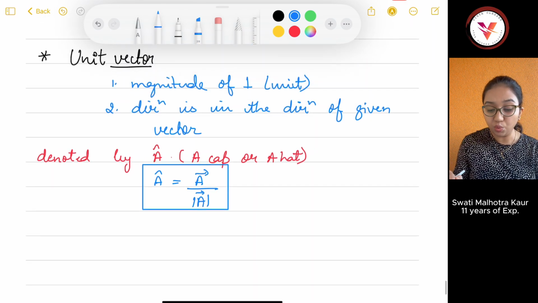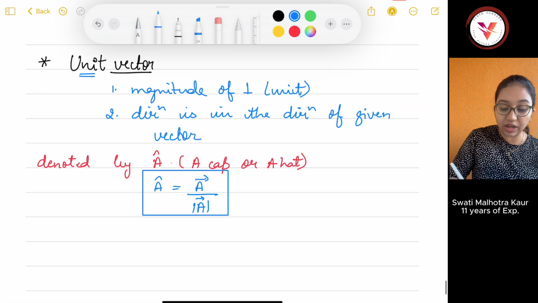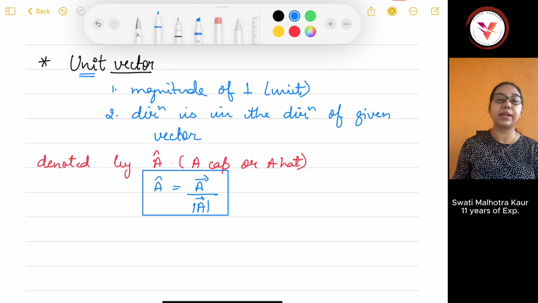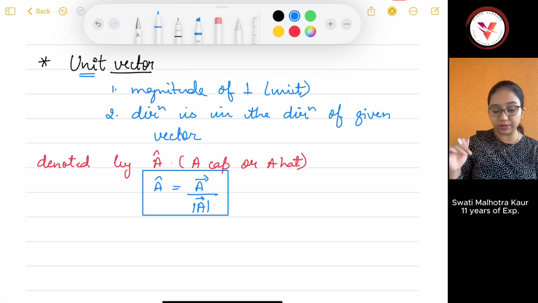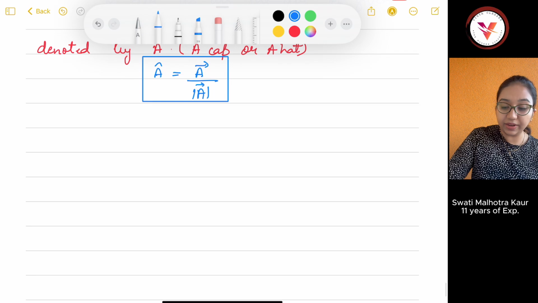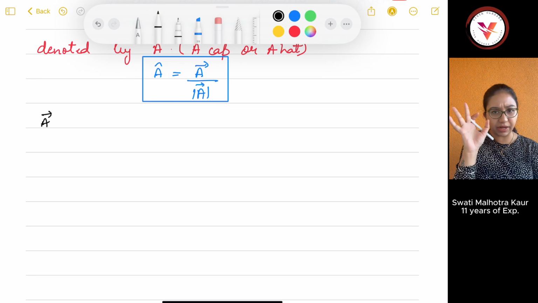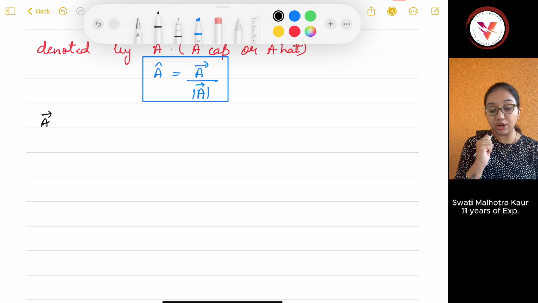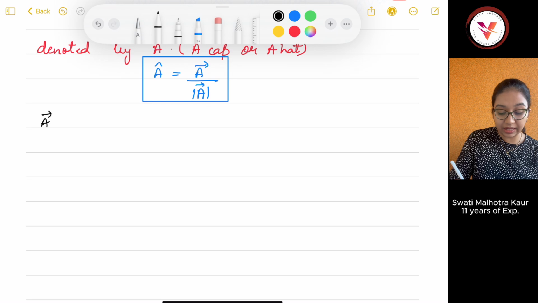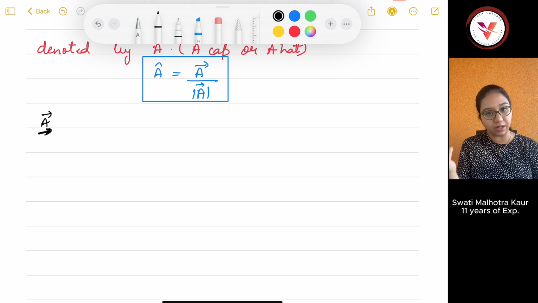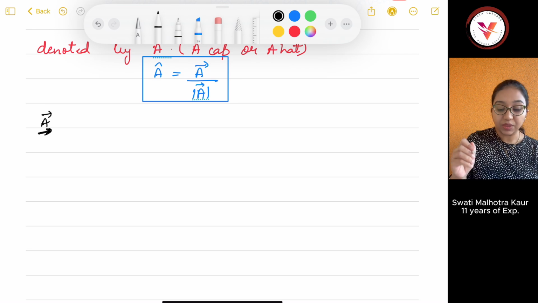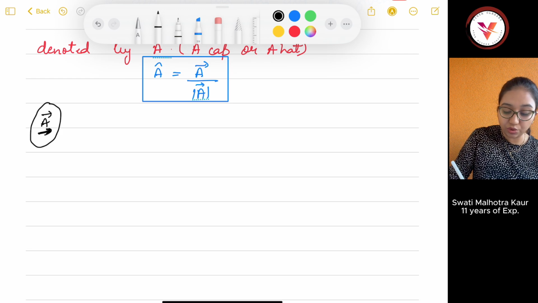Now, if you want to understand where we have to use this unit vector, it is like that. Suppose you are given this a vector, and it has some magnitude and a particular direction. Now you want a new vector which has a direction along this a vector only, but has some other magnitude. In that case, you have to calculate the unit vector of this.